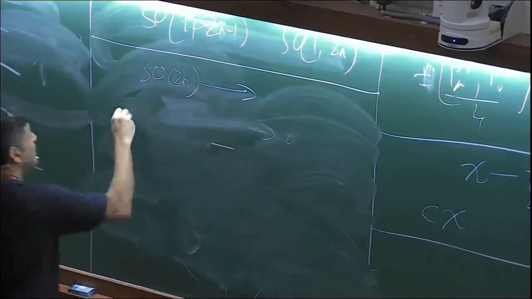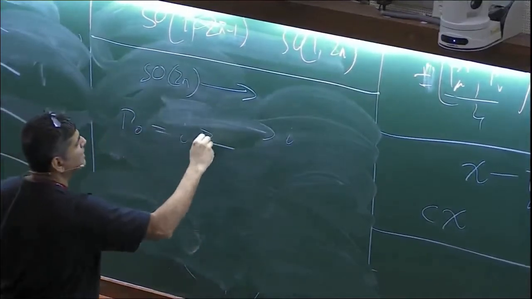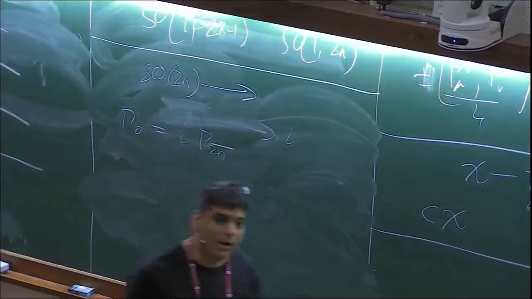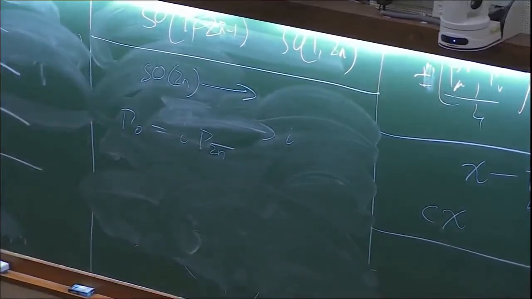So let's define gamma 0 equal to i times gamma 2n. Now a collection of gamma matrices is gammas from 1 to 2n-1 and gamma 0. This is the same as the collection we had before, except one of our gamma matrices has been multiplied by i.